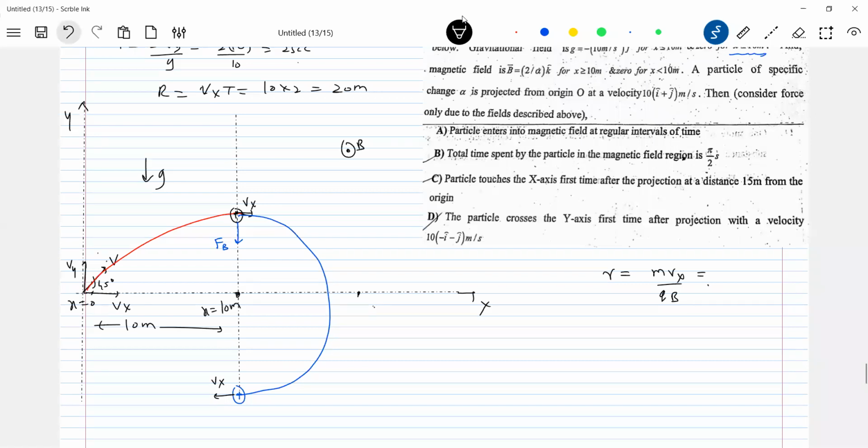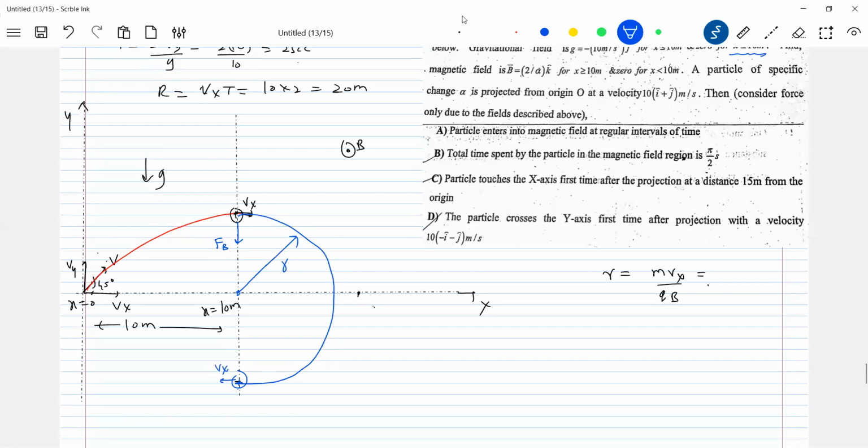I think I didn't draw. Let me give that path clearly. This should be the radius, that one. Okay, after this, here it will have velocity Vx.